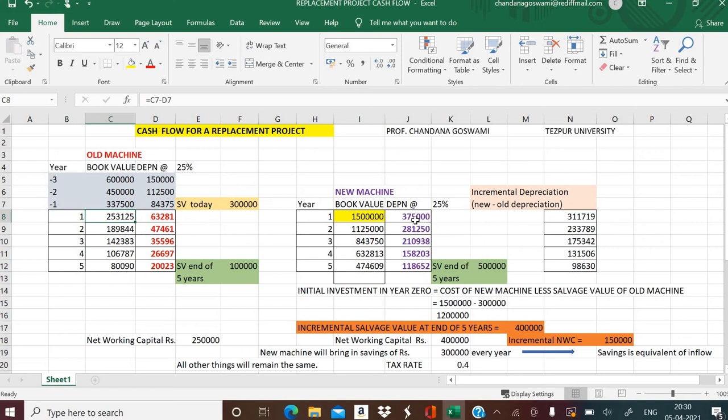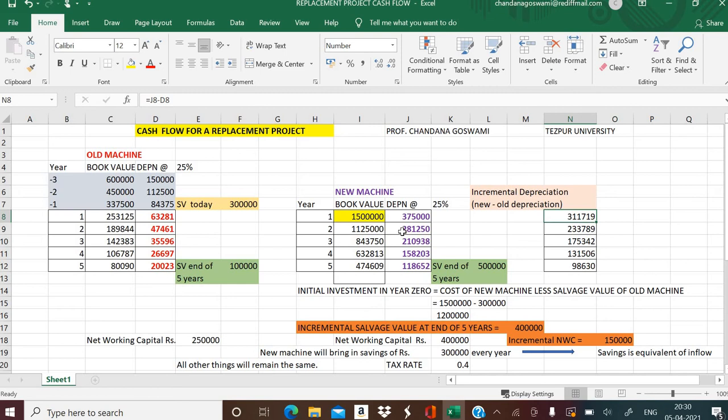So the depreciation of the new machine is here 3,75,000. From there, please subtract this 63,281 of the old machine and your answer is 3,11,719. So in this manner, you will calculate the incremental depreciation.